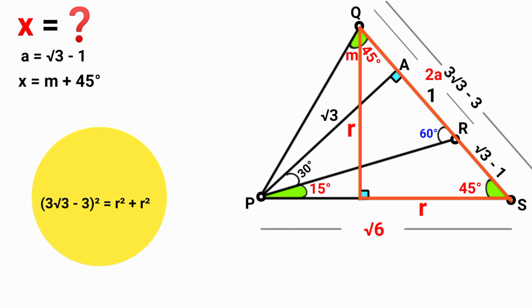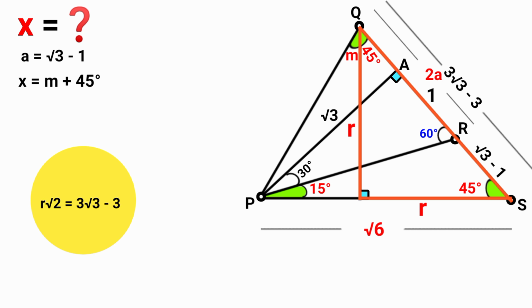So 3 root 3 minus 3 all squared equal to R squared plus R squared. R squared plus R squared is 2R squared. Take the square root of both sides. Here this square root cancels this square, while here square root of 2R squared is R root 2. So 3 root 3 minus 3 equal to R root 2.